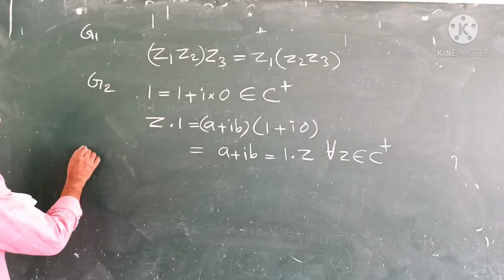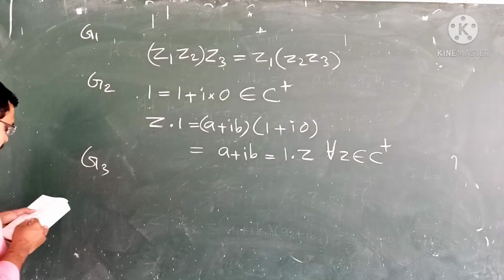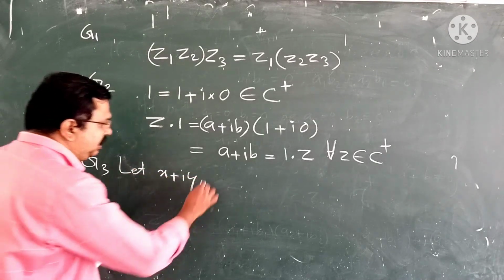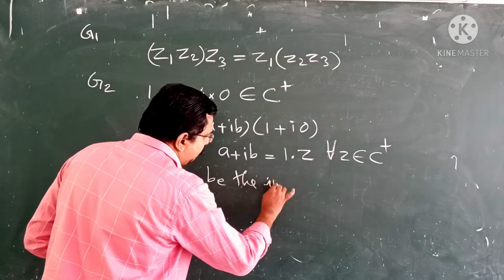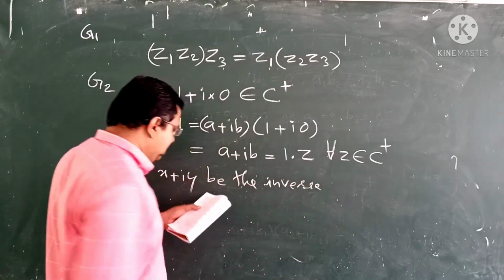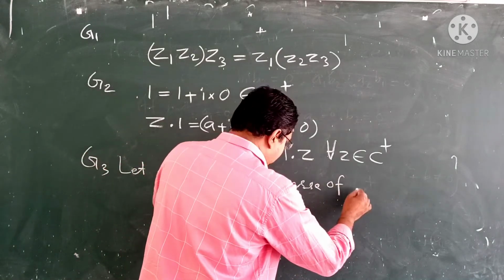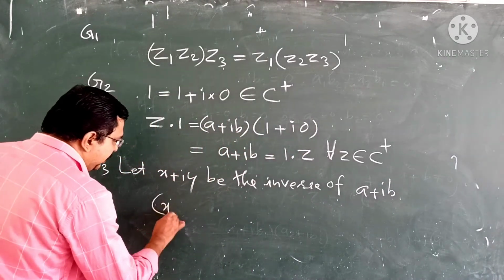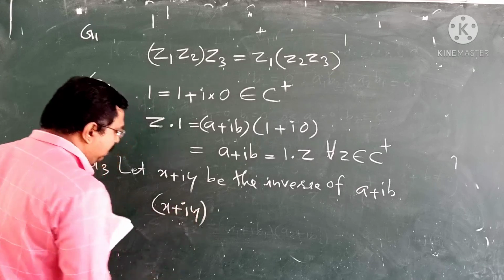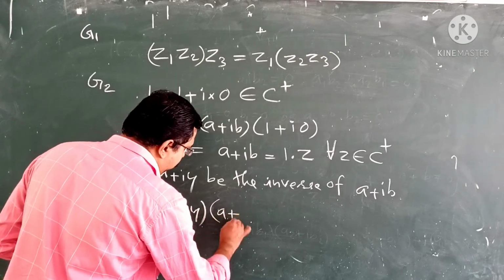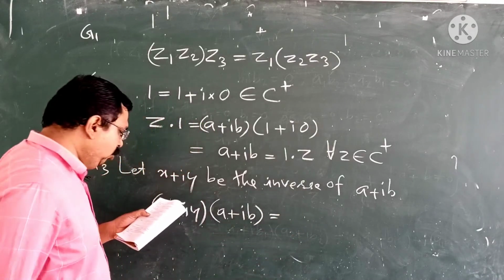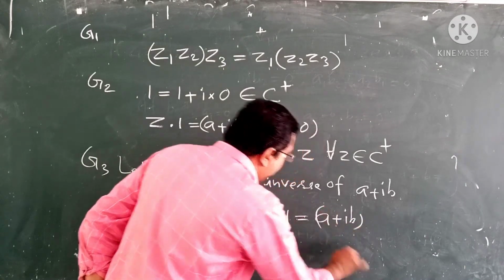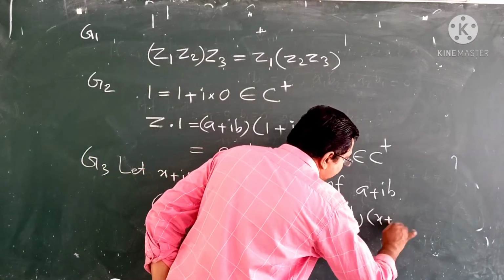Now G3, we can prove G3, the third axiom. Let x plus iy be the inverse of any element A plus IB, then we can write x plus iy into A plus IB equal to 1, which is equal to A plus IB into x plus iy.